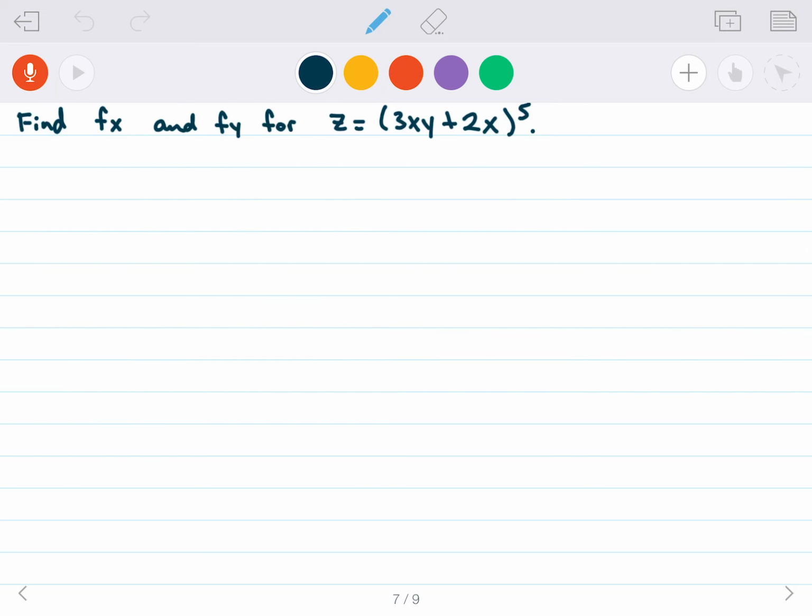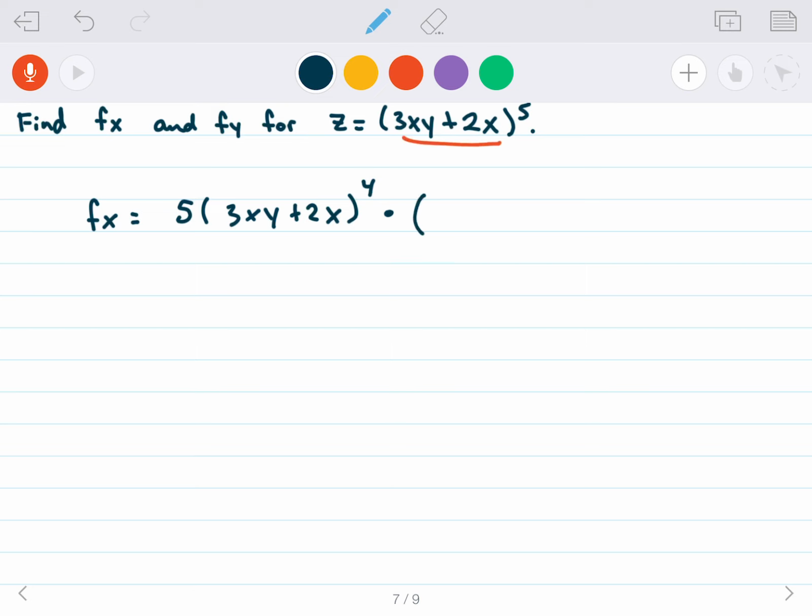Okay, let's try this one. So first we want to find the partial with respect to x. So we have chain rule again. So for our outer function, we bring the exponent to the front. So we have 5, 3xy plus 2x, and we're going to subtract 1 from the exponent. Then we're going to multiply by the derivative of the inner function, which is all of this stuff.